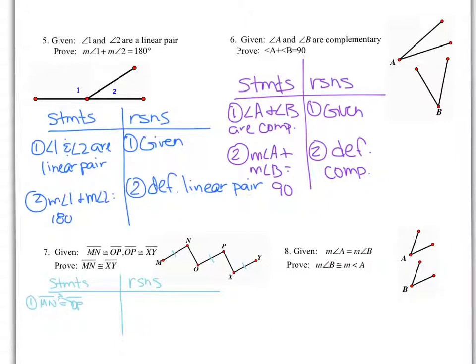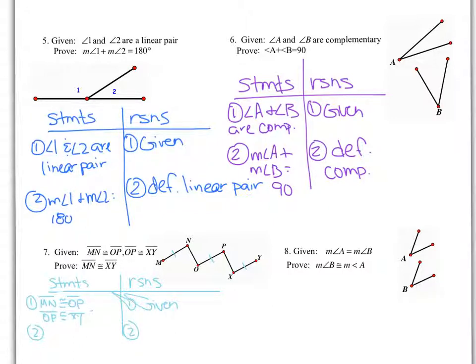Okay, we've got some wild lines happening there. Oh dear. MN is congruent to OP, and OP is congruent to XY. I guess it doesn't like me writing tiny.